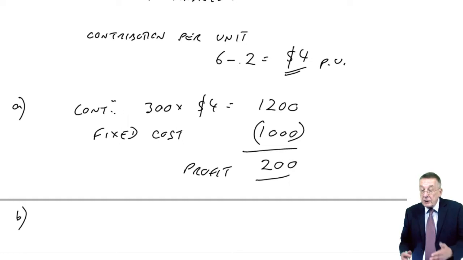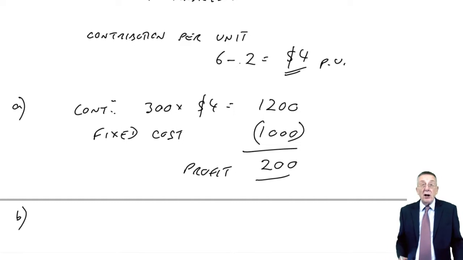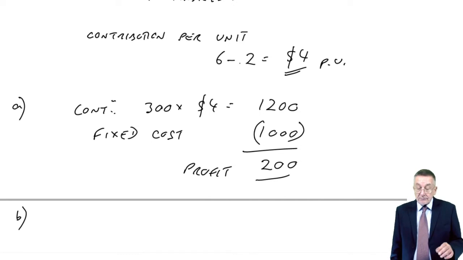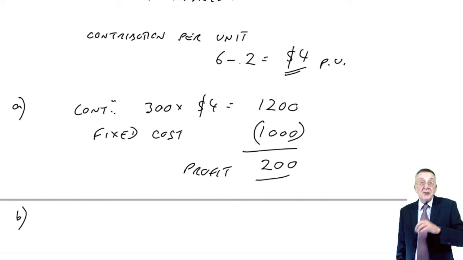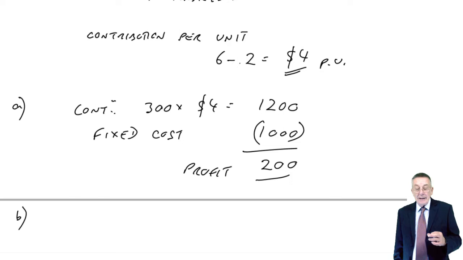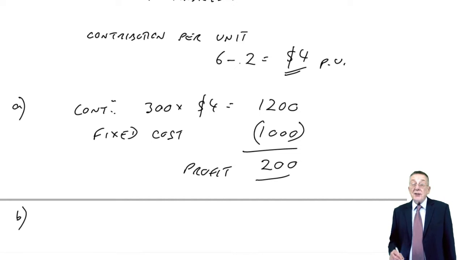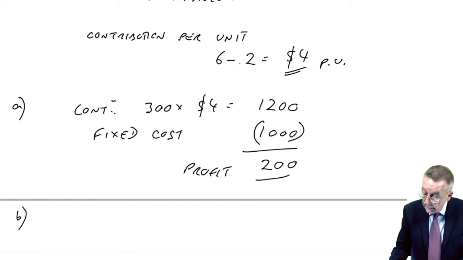If we only sold 100, we only get 400 contribution, we make a loss. Well, break-even is the point at which we make 0 profit, 0 loss. I'll explain why it's so important after, but I want to know, how many units are we going to sell to make 0 profit, 0 loss?